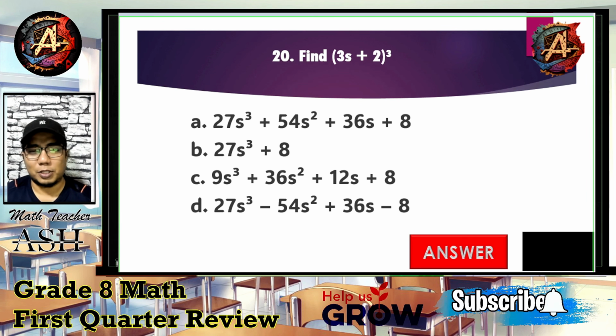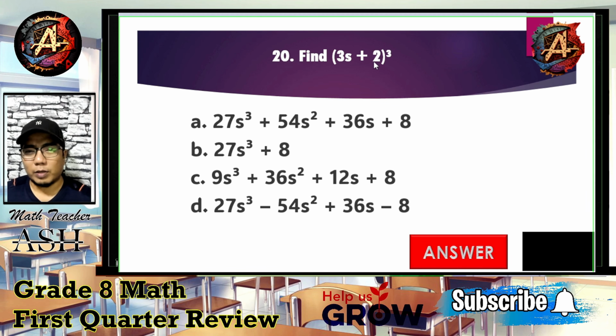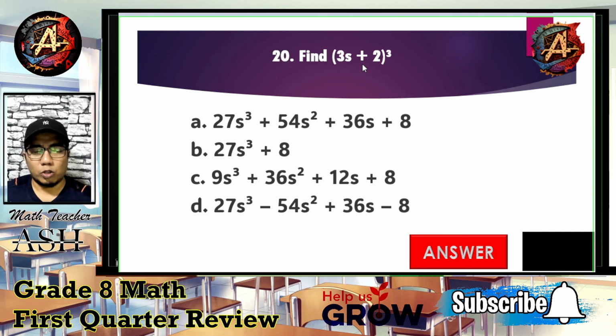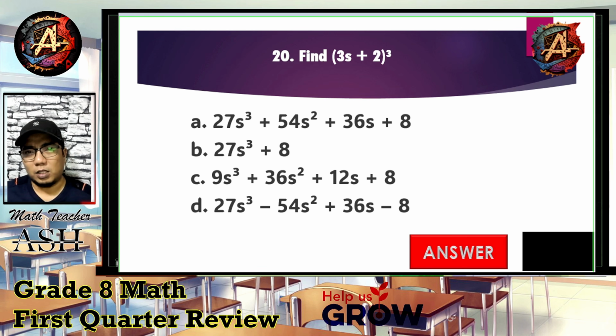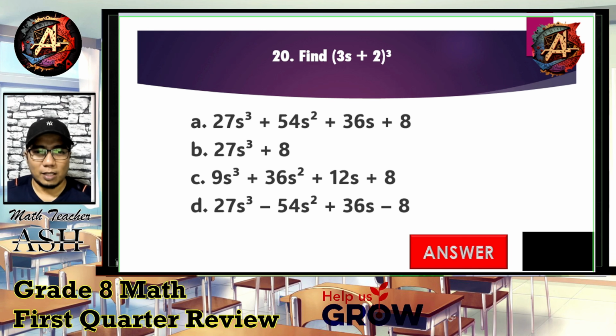Alright, my dear math learners, this might sound complicated to you because we are now dealing with a cube. But remember, there is always some technique here. Now, as you can see in the given, it is positive. So when you multiply numbers that are positive, it can never have a negative result. Then any choice that has a minus is already wrong.